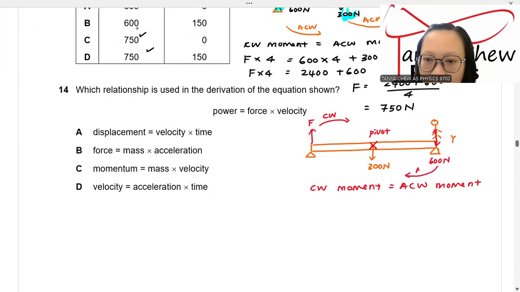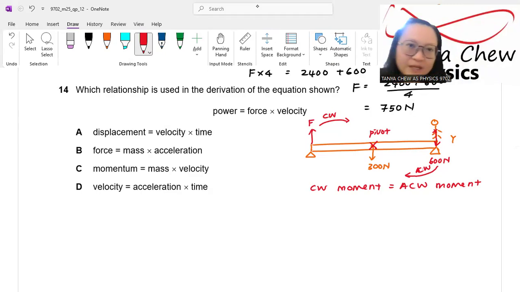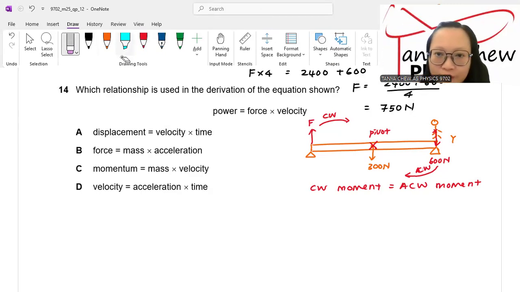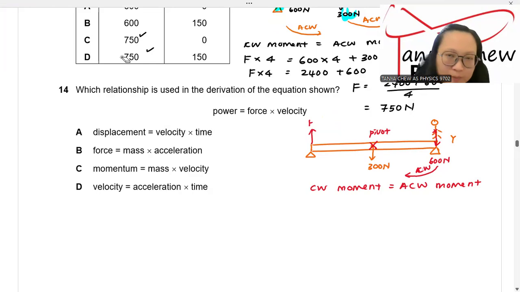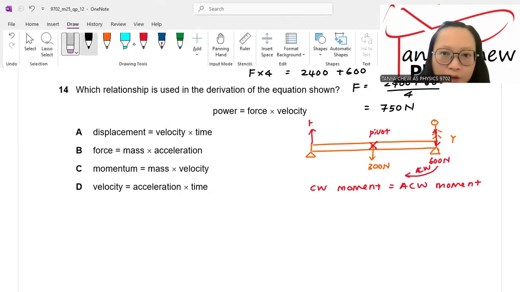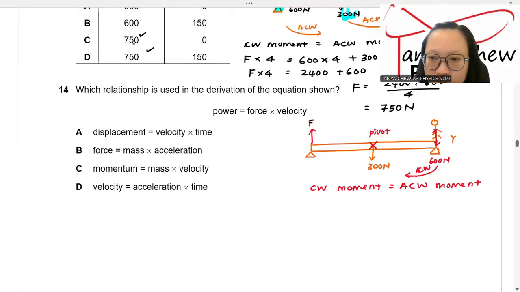This is called anti-clockwise. This is called clockwise moment. Now, my pivot is here, and the force is here, so this is clockwise.